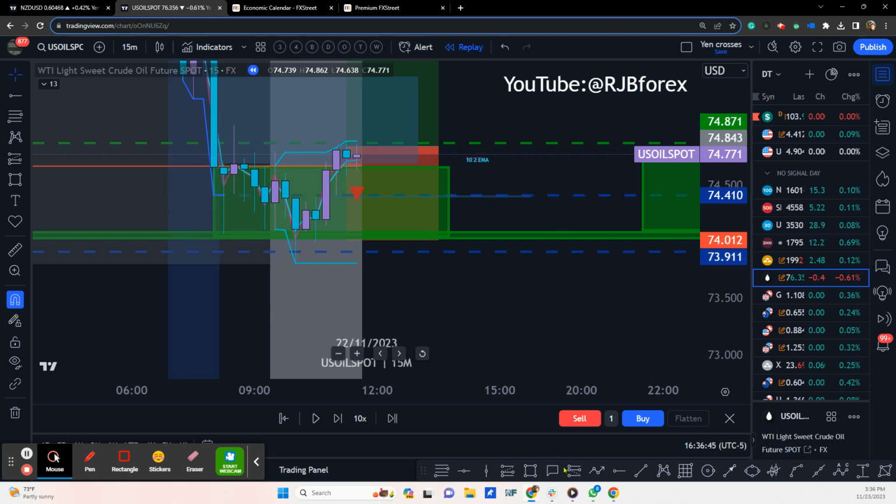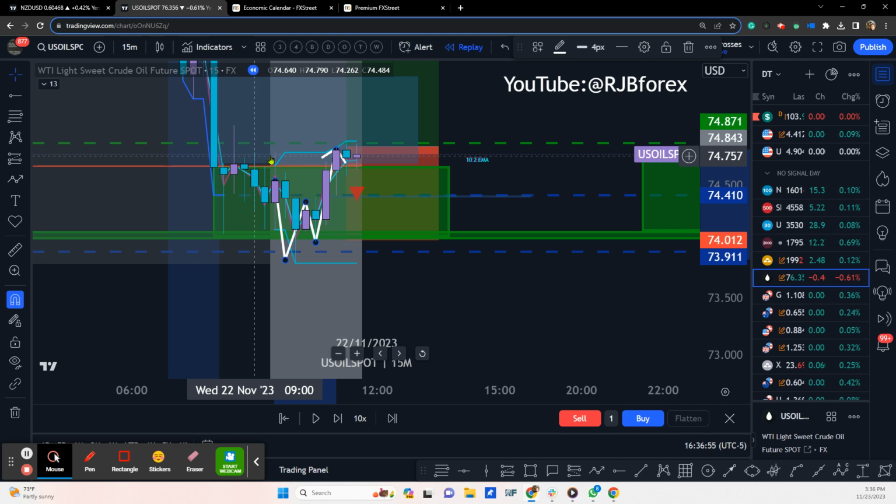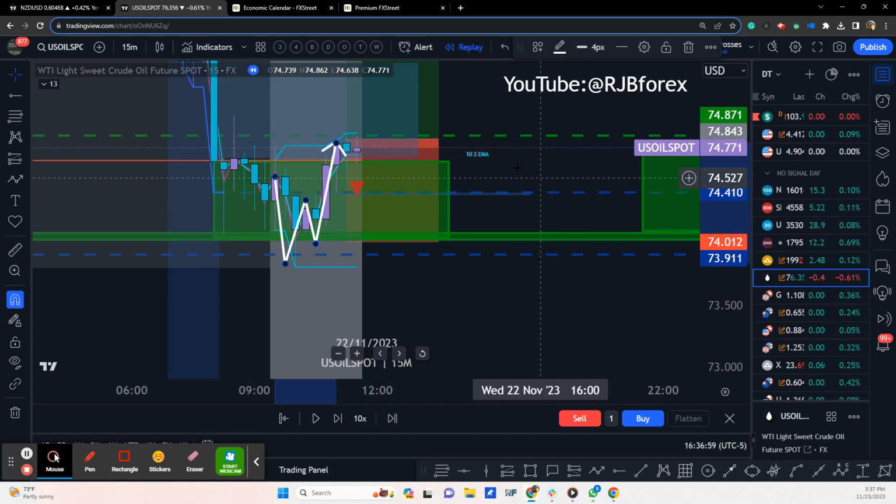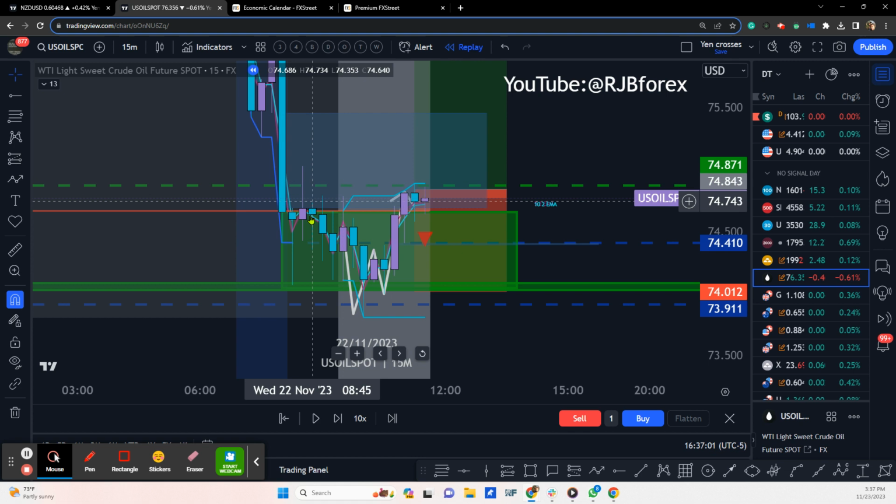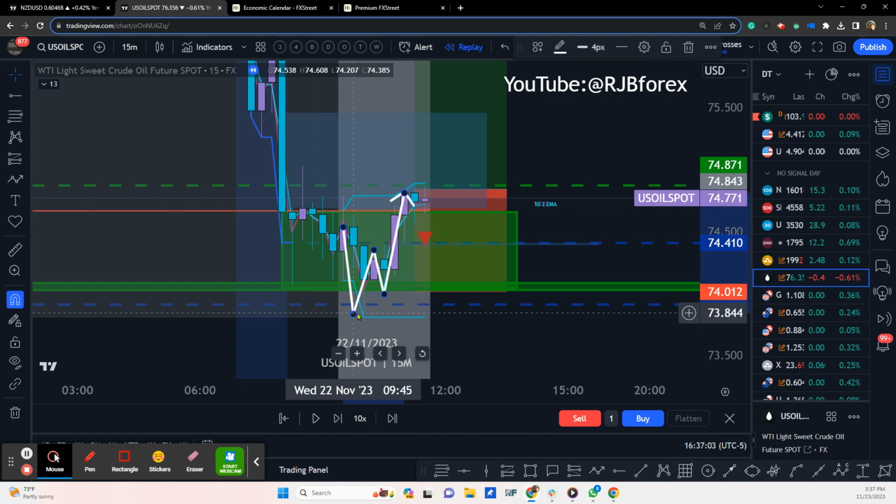It's put in a W formation, and it's broken to the other side of the consolidation. That behavior of price is bullish. We've got a W at the bottom of a sell-off.